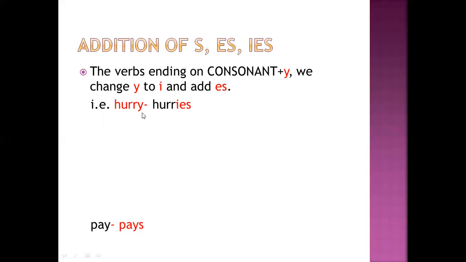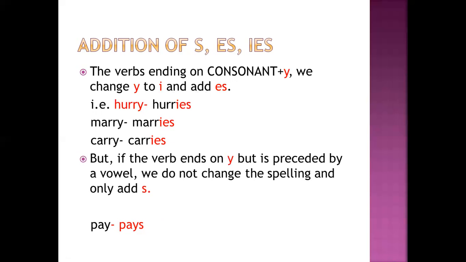The verb is ending in y, but the very letter before y is a consonant, that is R. So in such a case, we remove or change this y to i, and then we add es. And it becomes hurries. These are the spellings of hurries. Marry becomes marries. Carry becomes carries, etc.